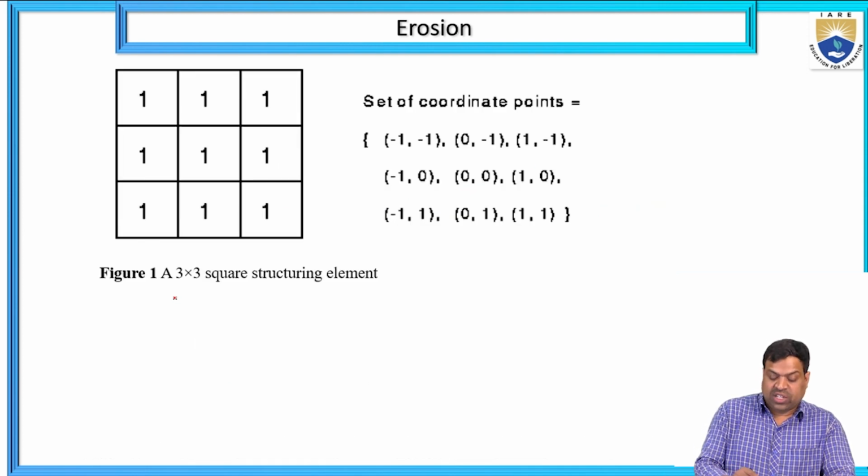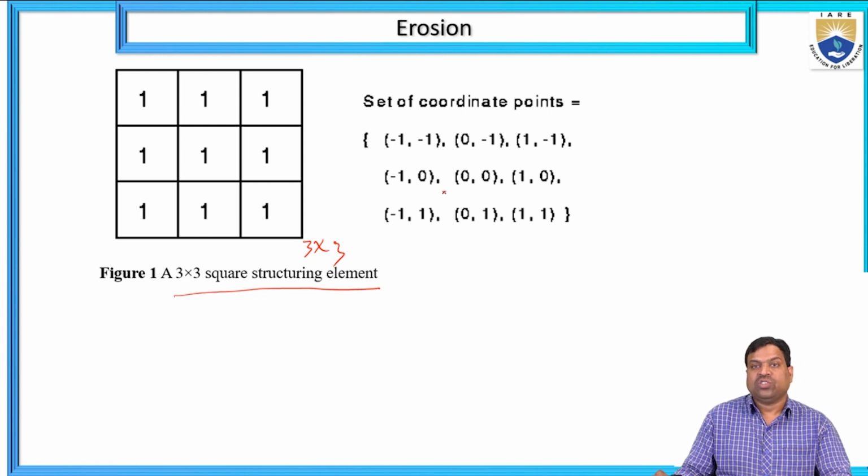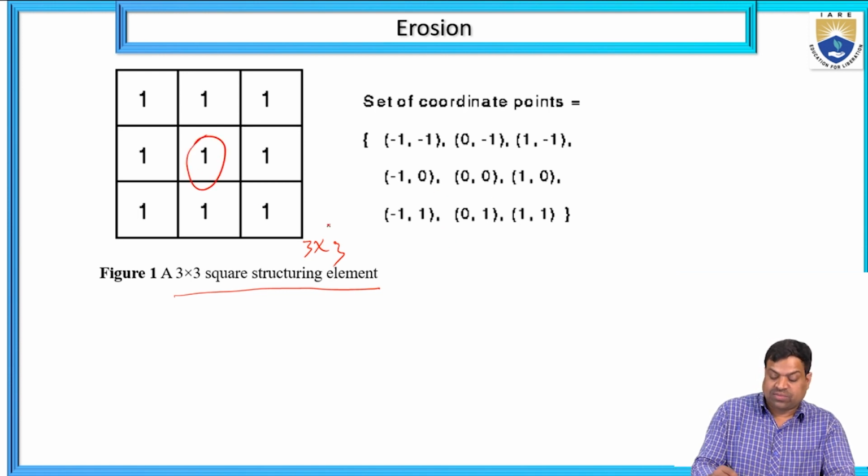If I take a 3 by 3 square structuring element, what are the coordinates? -1, -1, 0, -1. The middle one I take as 0, 0. The leftmost is 1, 0, then -1, 0, and -1, 1. Then 0, 1, and 1, 1.